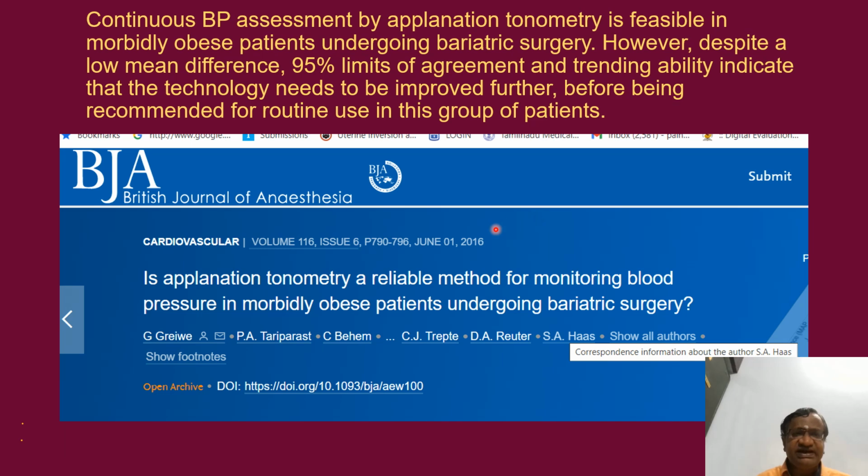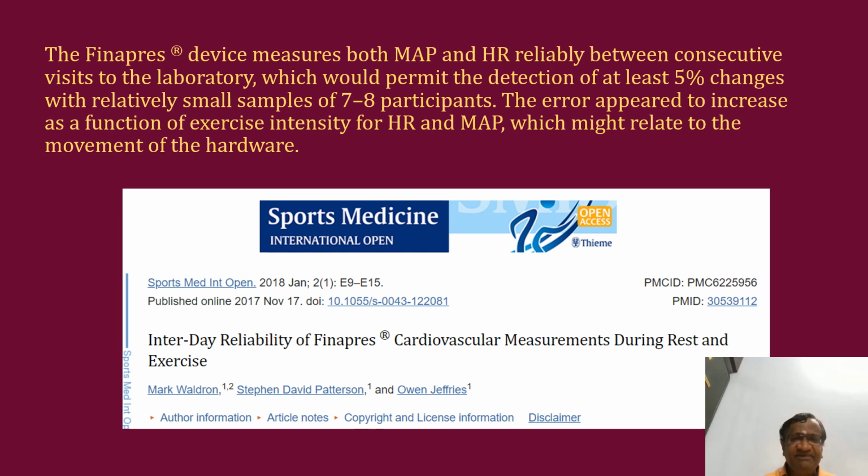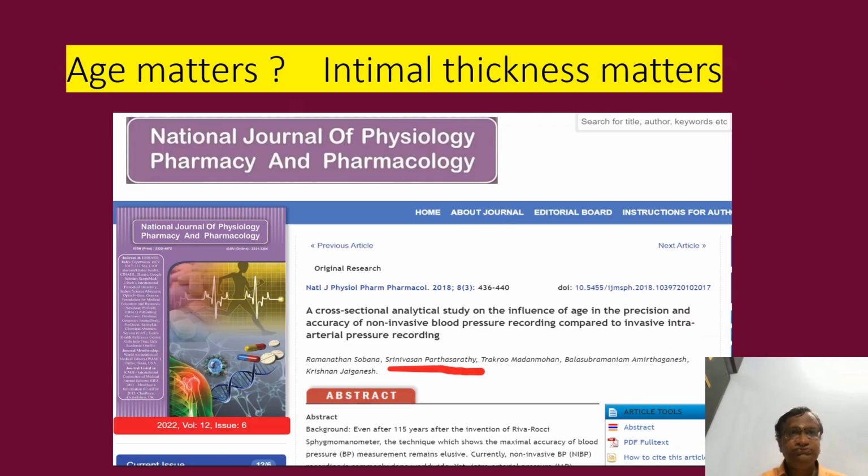Applanation is reliable even in morbidly obese patients. The Finapres is reliable between consecutive beats, permitting detection of 5% changes. Error appears to increase with exercise intensity and heart rate. Age matters. Sometimes there are questions about the precision and accuracy of NIBP monitor recordings compared to invasive arterial pressure.